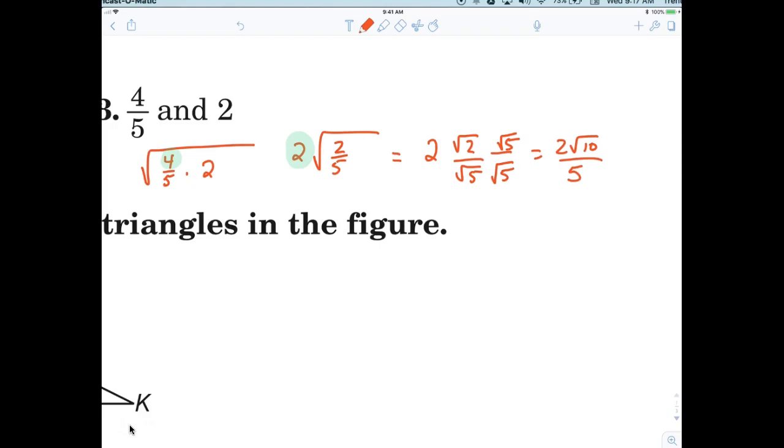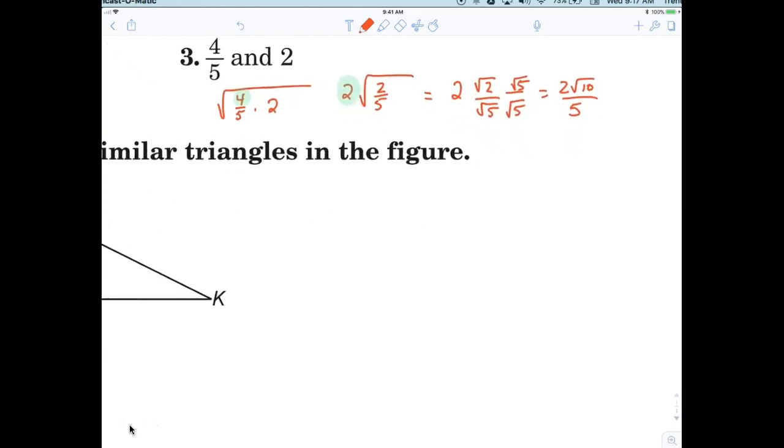I'm just saying, follow me. Where is it that I added? I'm saying that if I were to put that, it would be wrong. Is your answer 2 radical 10 over 5? Then your answer is what? There you go. Let me make that clear.